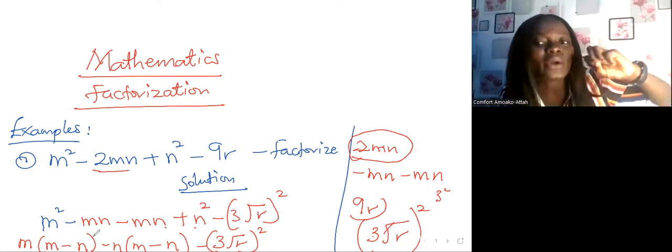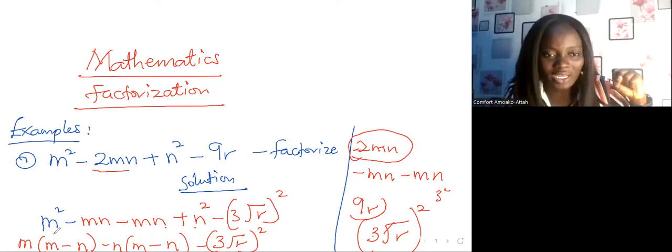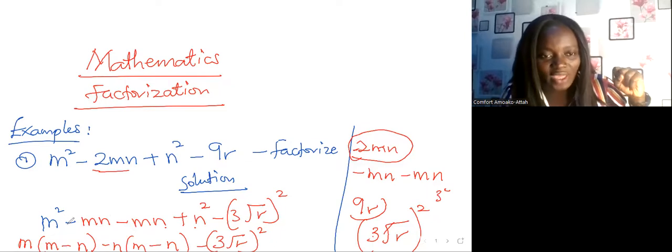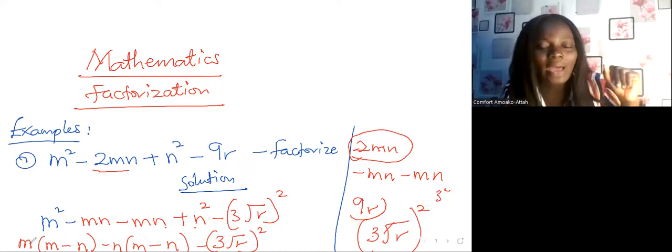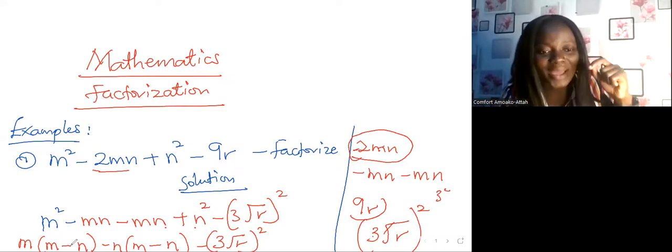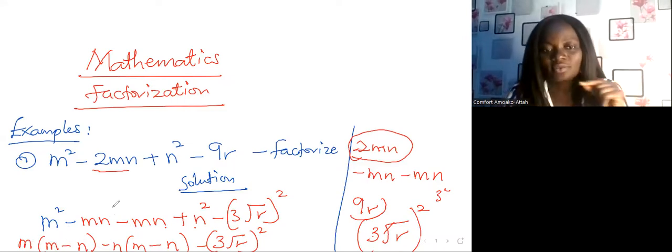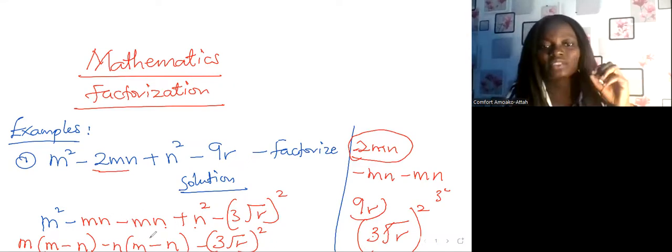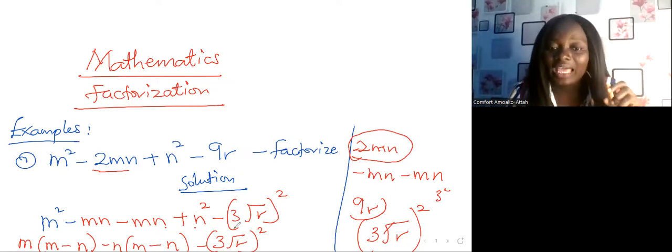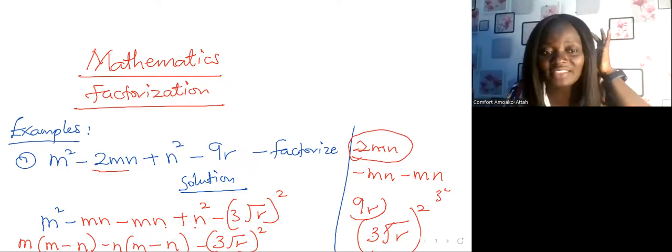Then we factorized out. Looking at those two expressions, we can see that m is a common factor here. So m came out, and we were left with m minus n in bracket. Then we came to this 2. Negative n is a common factor here. Brought it out, then we simplified. Then, looking at this, we have the same factors in the bracket.